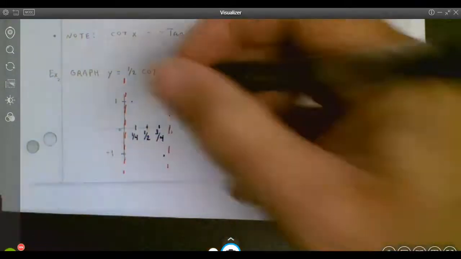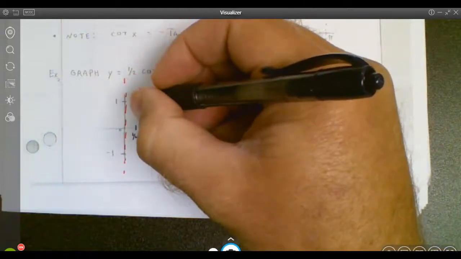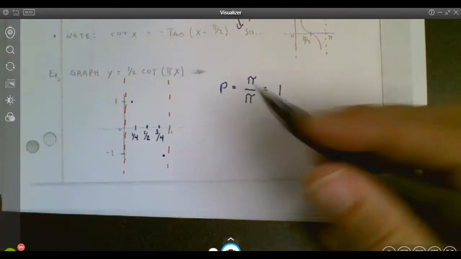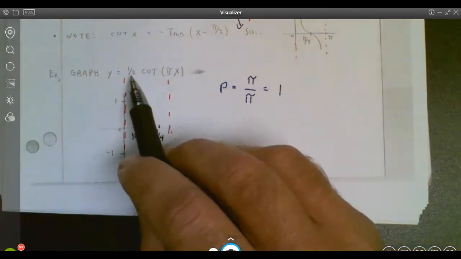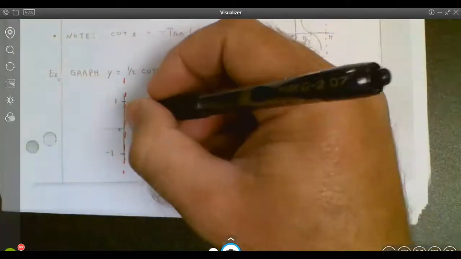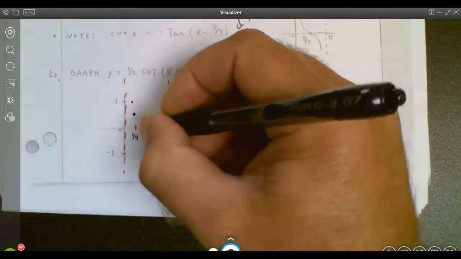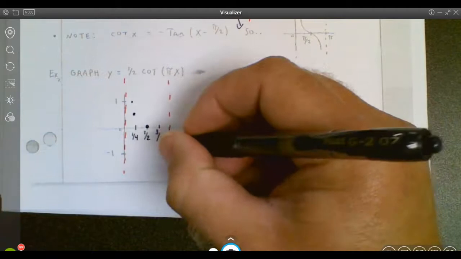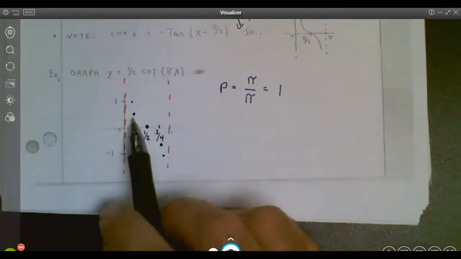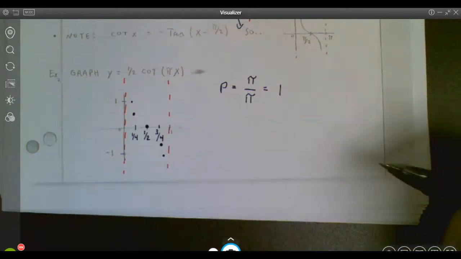Those are my points. So in the parent function, it was 1, 0, and -1. We got a vertical shrink by 1/2. So if I multiply these values by 1/2, I am now at here, here, and here. So those would be the 3 points that we would actually see on this graph.